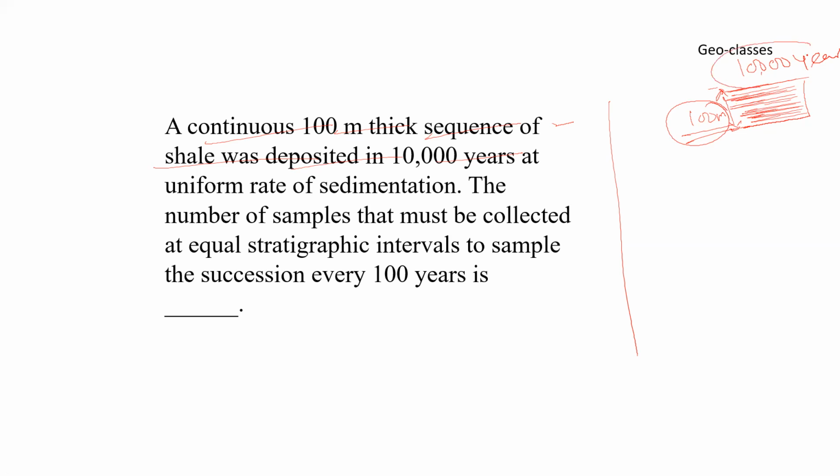They're asking how many samples. This was deposited in 10,000 years, and we require one per 100 years. So 100 samples have to be taken, at equal stratigraphic intervals, that is, every 100 years.